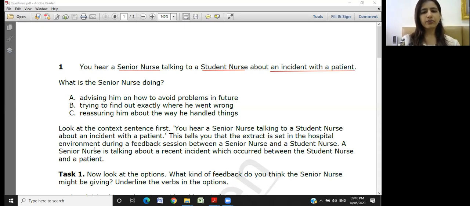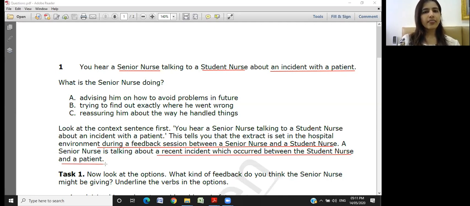It is more likely to be a feedback session because the incident has happened already. And then the senior nurse is discussing with a student nurse. And it is about a recent incident that might have occurred between a student nurse and a patient.